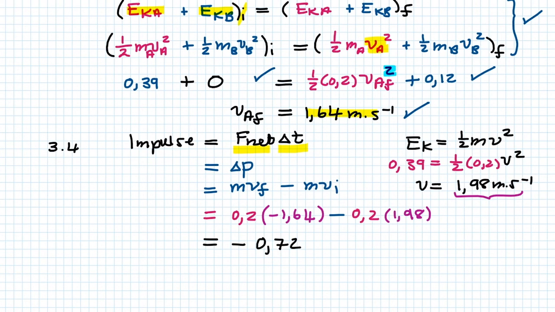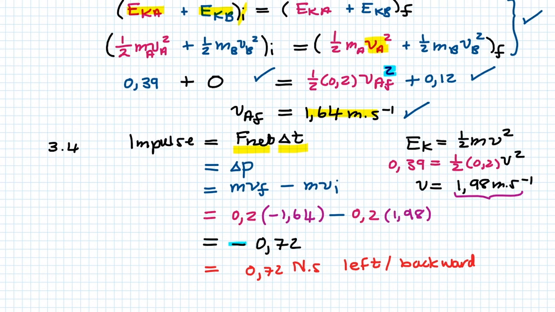Remember that impulse is measured in Newton seconds, but before we do that, we must interpret this direction. If forward or to the right is positive, then this negative means that the final answer is 0,72 Newton seconds, not newtons per second, but Newton seconds towards the left, or if you'd like, you can say backwards.